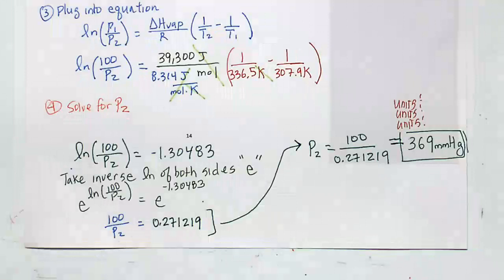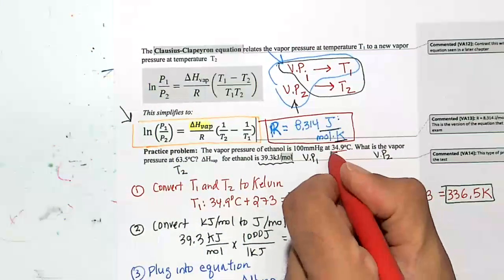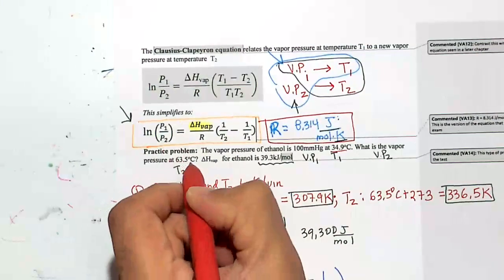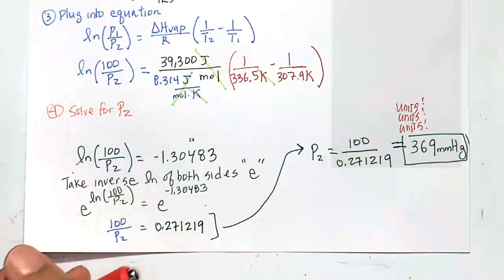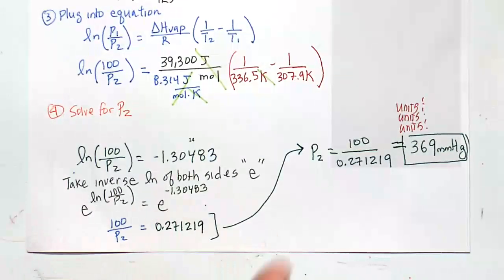So when we were working it out, how many numbers do we want to work it out with? You see here, this has three significant figures. Like when we're at maybe 1.30483, how many do we keep? That's totally up to you. That's arbitrary. I just have a feel.